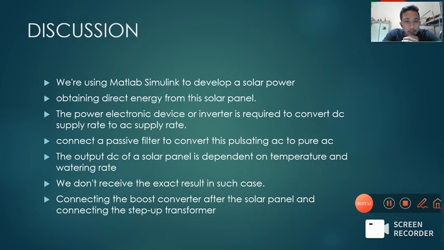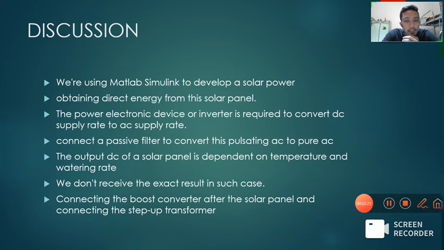In other cases, the inverter does little more than convert the DC supply to a pulsating AC. That is, we are experiencing a pulsing issue but not pure AC. Even though pure AC is necessary at home, we also need to connect a passive filter to convert this pulsating AC to pure AC.